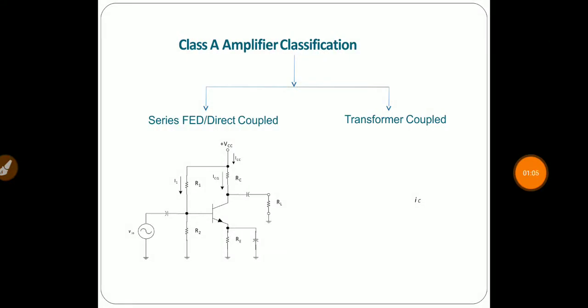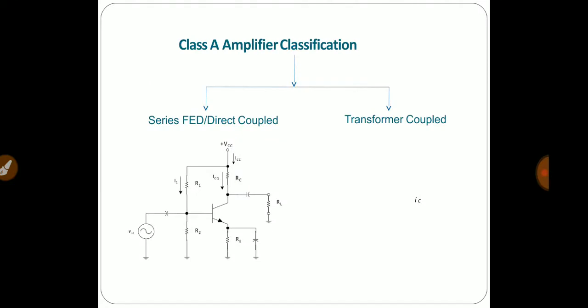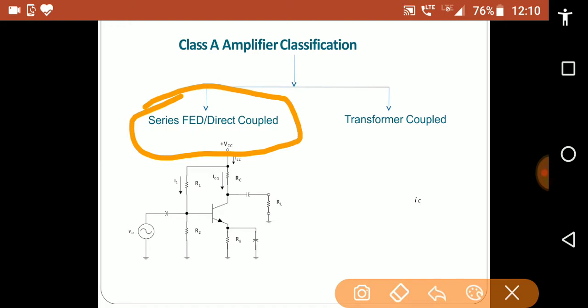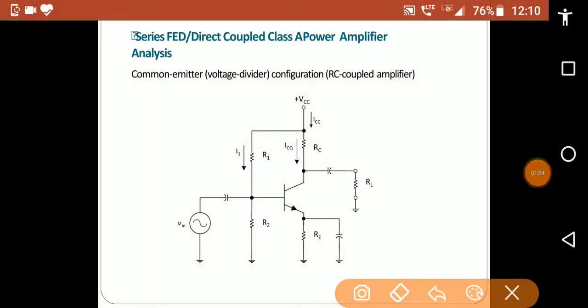There are two types of class A amplifier. One is series fed or direct coupled, and the second is transformer coupled. So let us see the analysis of the series fed or direct coupled class A power amplifier.